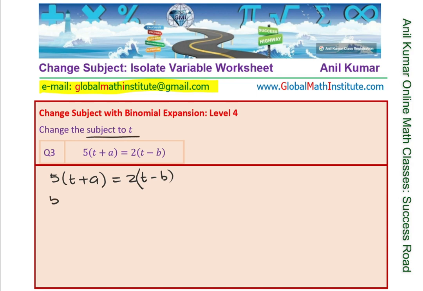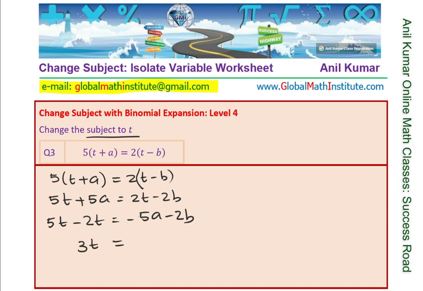Let us expand. We get 5t plus 5a, as we did last time, equals 2t minus 2b. Bringing the t's to the left side, we have 5t minus 2t equals minus 5a minus 2b, and 5 minus 2 is 3. So we get 3t equals minus of 5a plus 2b, correct?